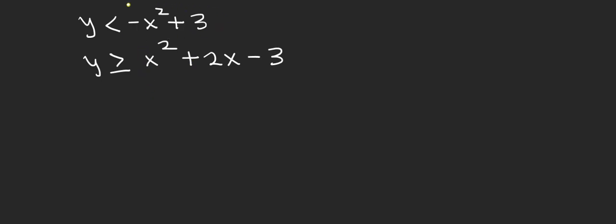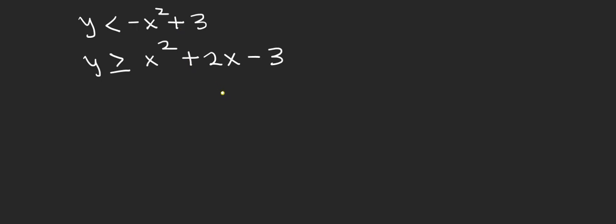You first graph this, and then you graph this inequality, and you find the region where they overlap. The area where they both overlap makes the statement true for both of these inequalities.